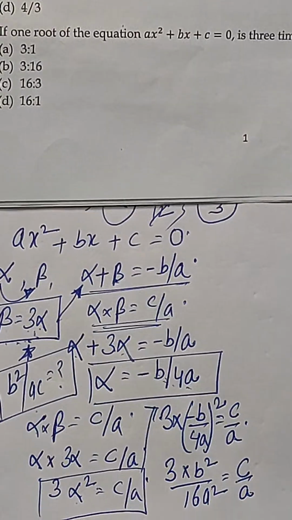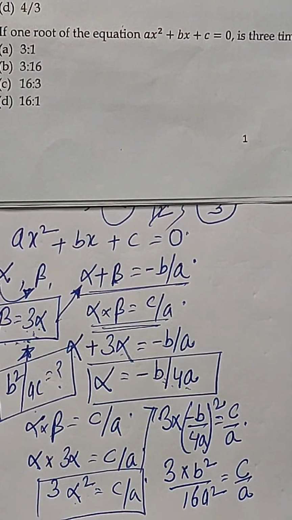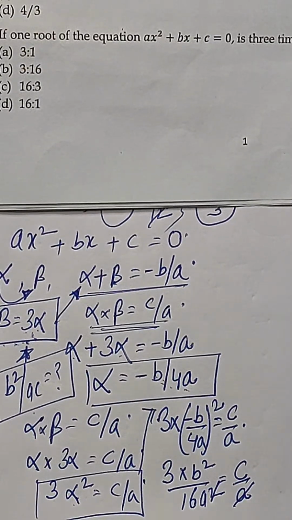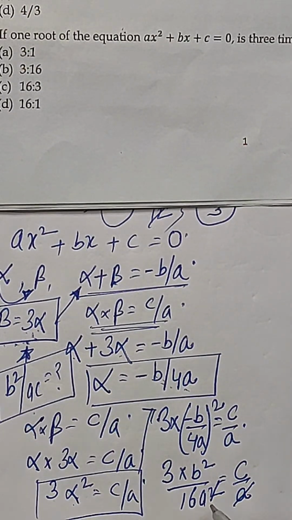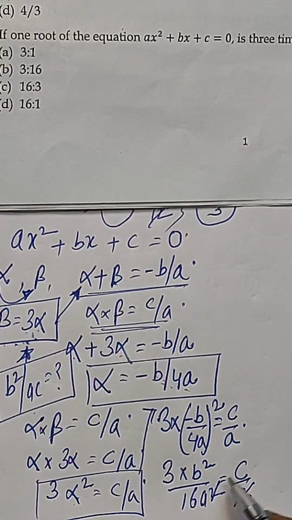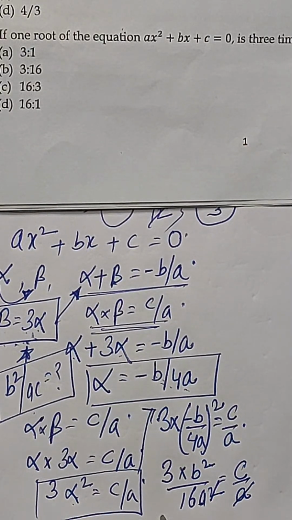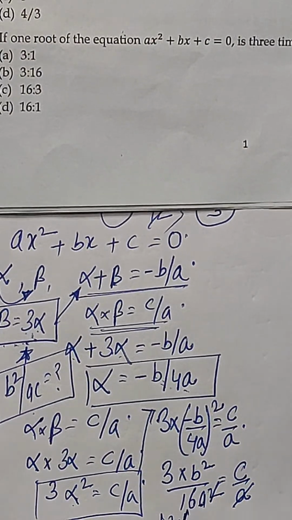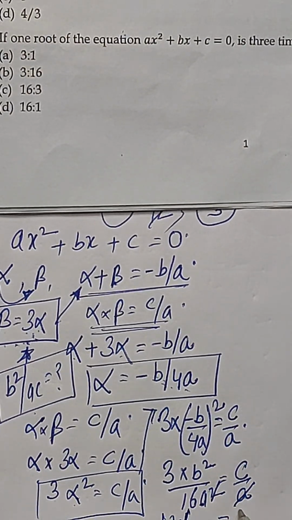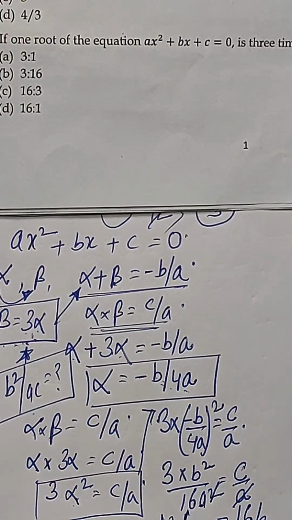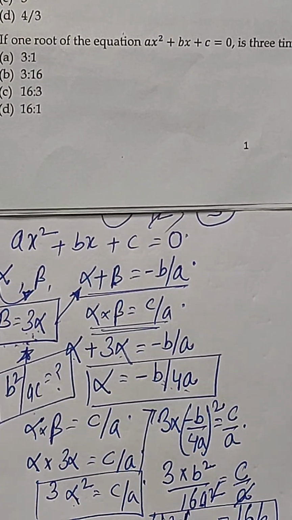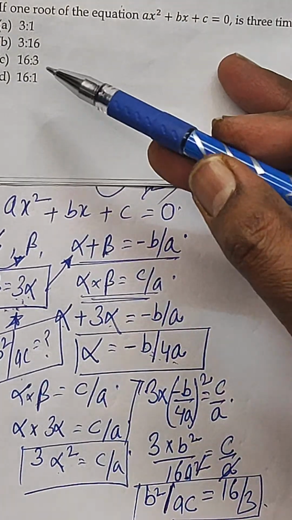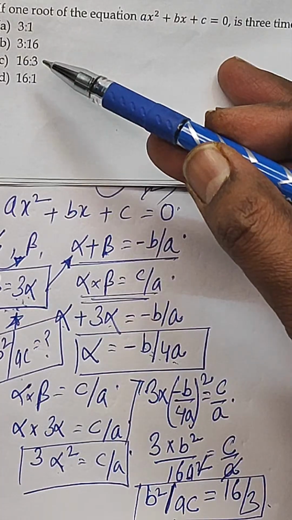And when a and a are cancelled out, this will be giving you b square by ac, which will be equal to 16 by 3, my dear friend. So which option is correct? Option number C is correct.